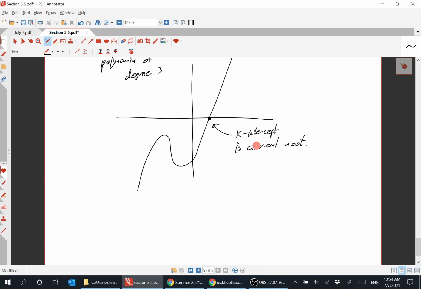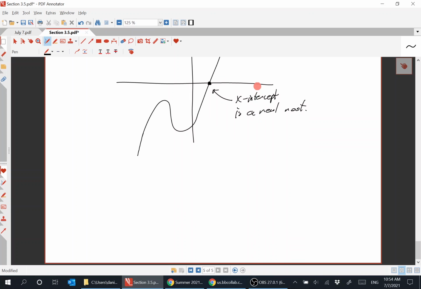A graph that looks like this has one real root and two complex roots. Something like that has 3 real roots.